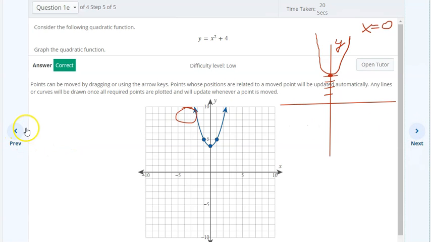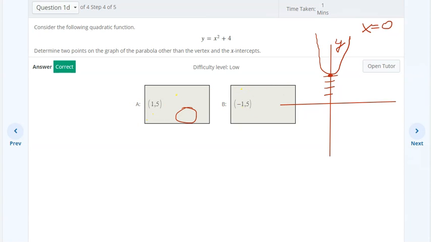Now, I went too far. They're asking us here to find 2 other points in this line so that we can plot the graph in our next slide.